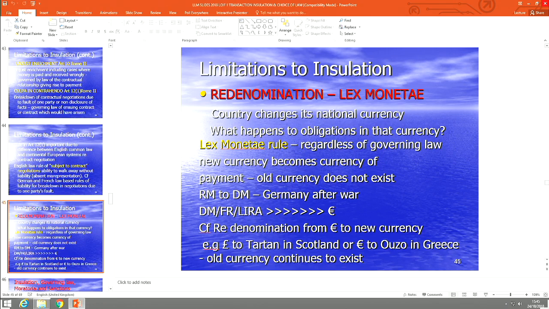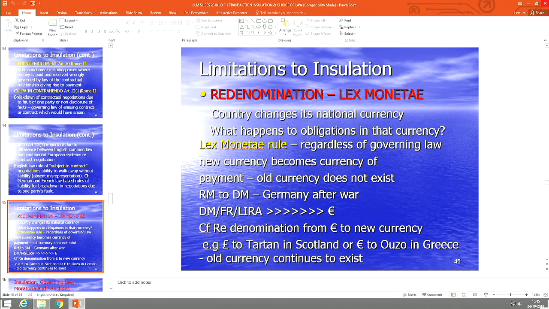So everybody agreed then, way back in 1990, that Deutschmark obligations would convert into euro obligations at a given rate. Lira obligations would convert at a given rate, and so on. So that's what would happen. The same structure would happen if, for example, Greece were to convert from euro into Greek drachma.